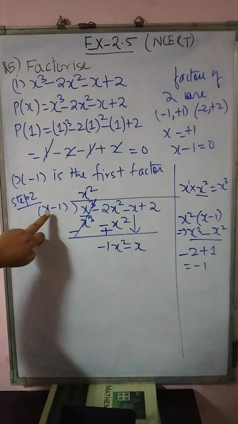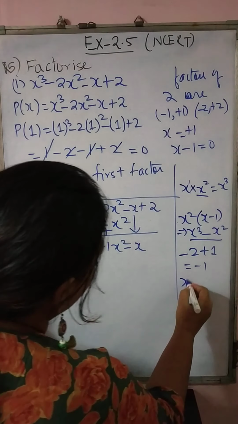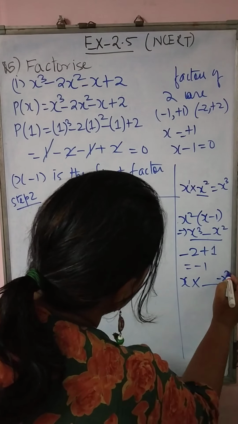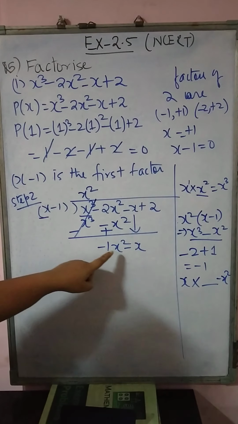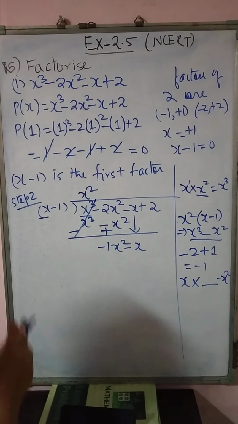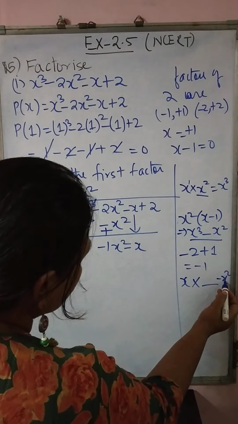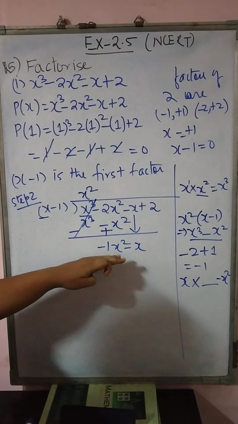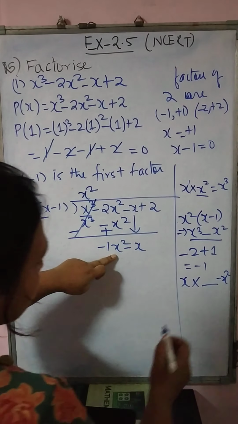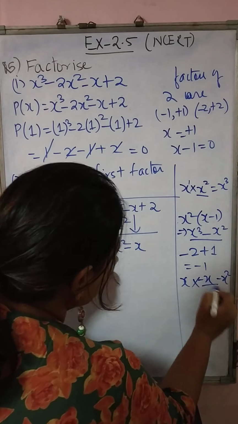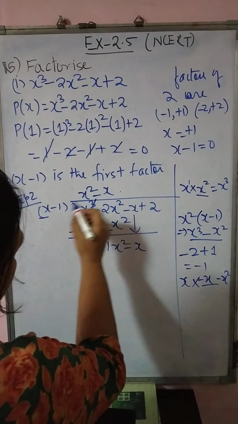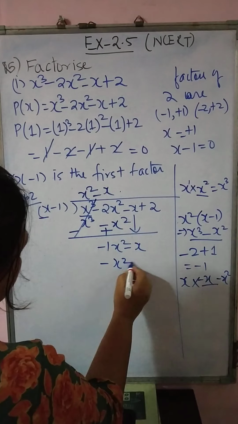Now same thing. x should be multiplied by which term so that you get the answer as minus x square? Okay, you have to consider the sign also. You are concerned only with the first term of the remainder. So x should be multiplied by minus x. So minus x into x is minus x square.